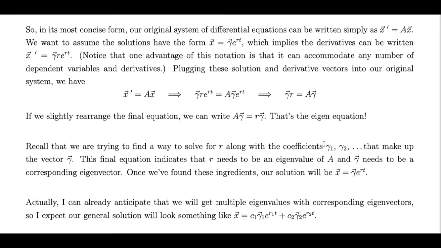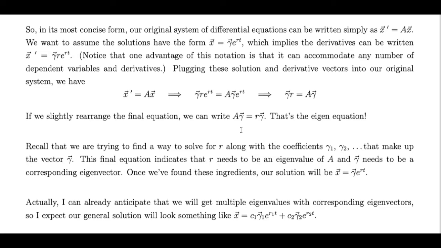So as it says here, my goal was to find the gammas, but also to find r. And this derivation indicates that the r and the gamma will be an eigenvalue-eigenvector pair for my matrix A. So in order to solve a system of differential equations, it boils down to finding the eigenvalues and eigenvectors of the coefficient matrix.